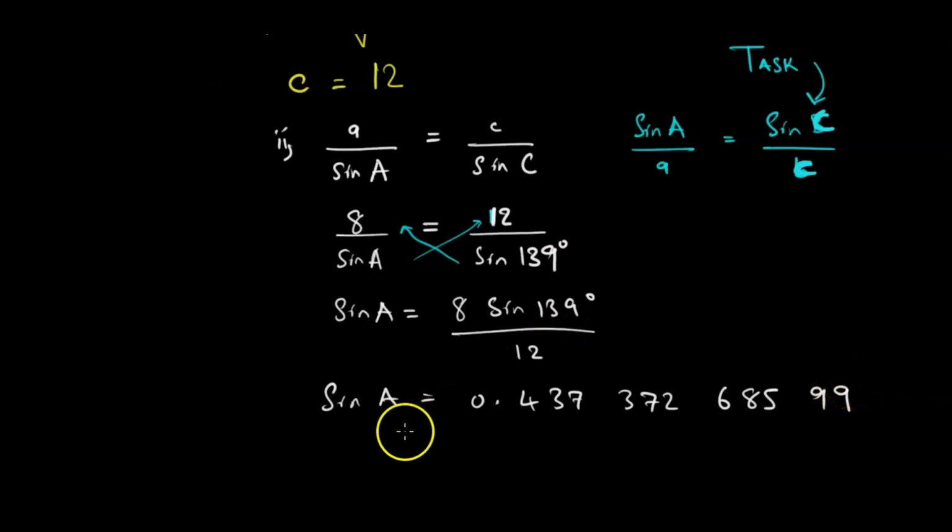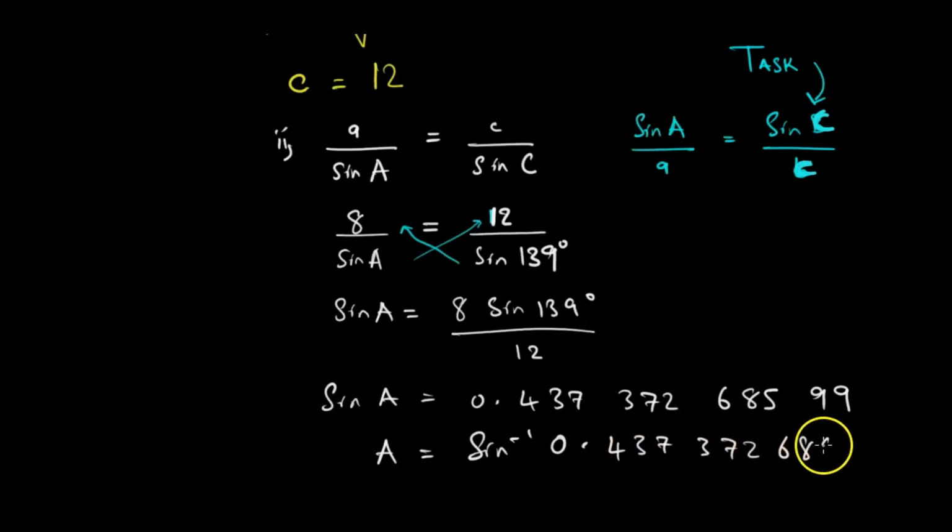Then to find A, I will just take the arc sine of this value, 0.4373726859. To avoid having to retype numbers as they are, you can practice storing values. You can store values using your calculator. So you have to research how to store values and learn how to do it.